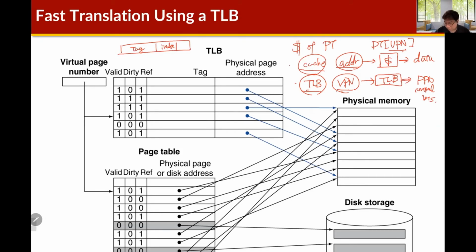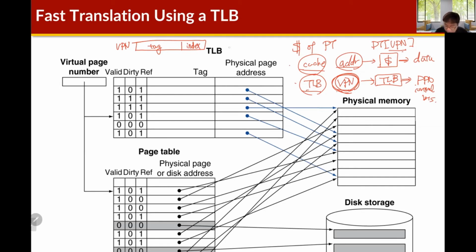It's the same for the TLB. In the TLB, we provide the VPN. We can use part of the VPN as the index of the TLB, and the remaining part of the VPN as the tag of the TLB. It's the same as a cache, right?